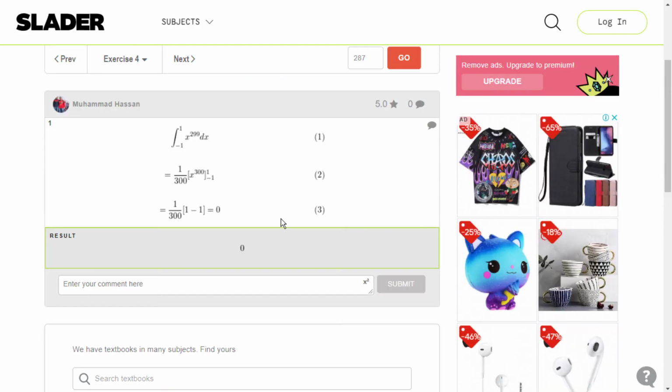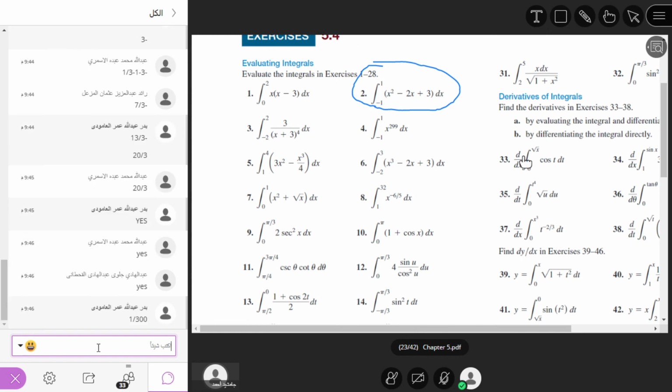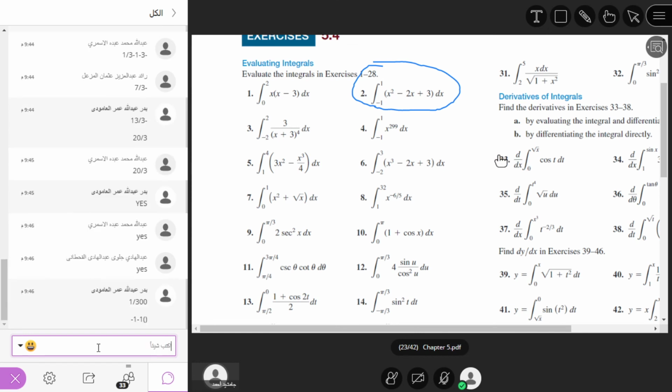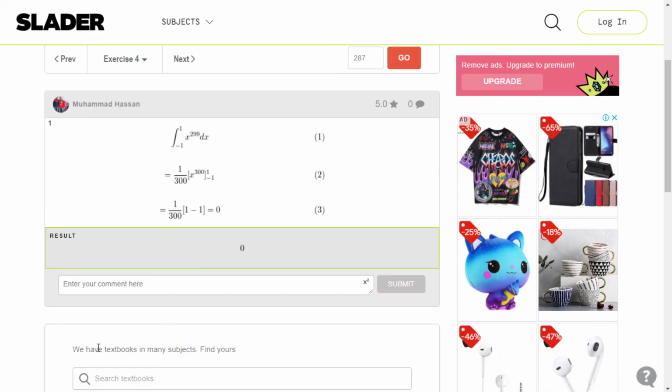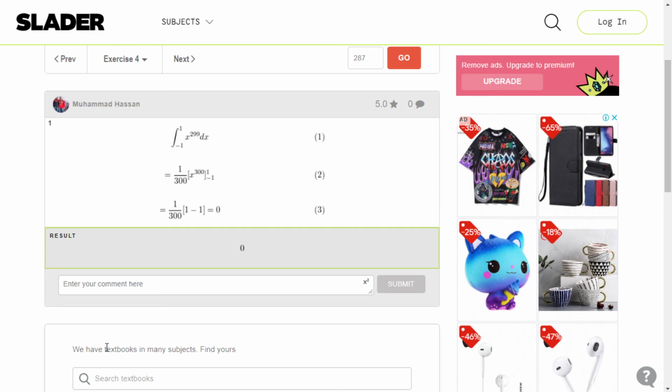So what we get here? The answer of question number 4. How can we solve question number 4? It should be 0, because x power 300 divided by 300 is the antiderivative.